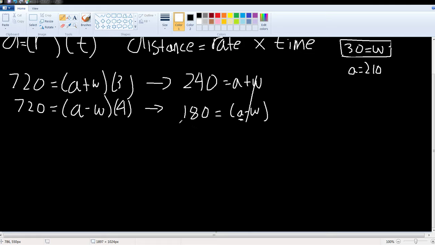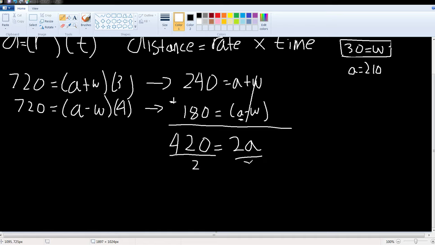So in other words, I would be adding these equations together, and I would get 2a is equal to 420. Divide by 2, I get 210 is equal to a. And here we have the same answer. Airplane's speed is 210 miles per hour.